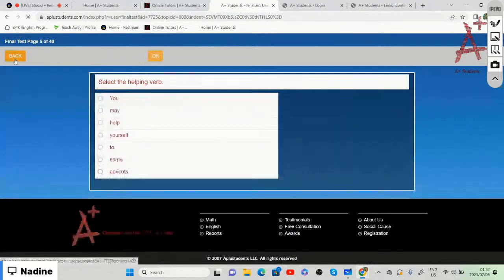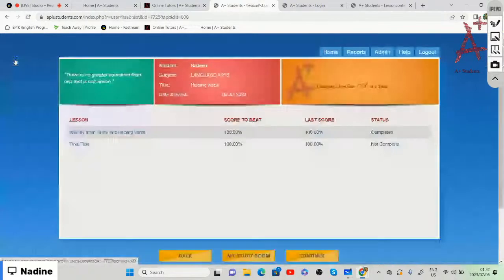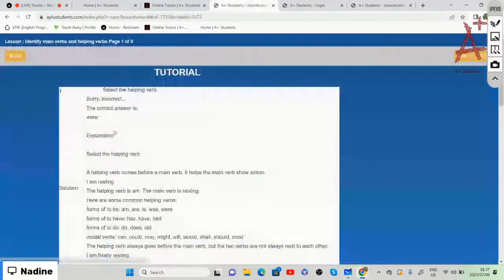So that is it for helping verbs. Within this lesson, we identified the main verbs and the helping verbs. And we said that a helping verb comes before the main verb, and it helps the main verb to show action.